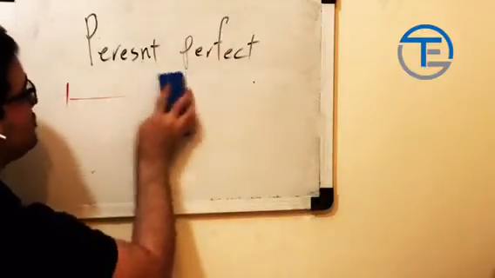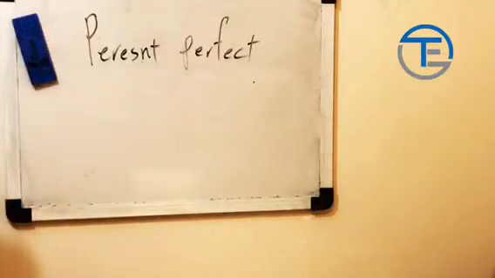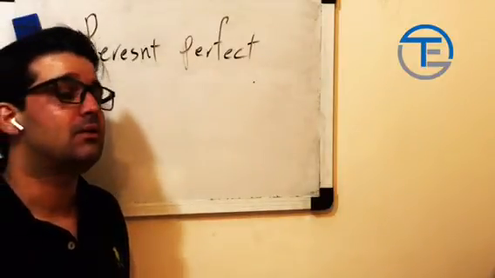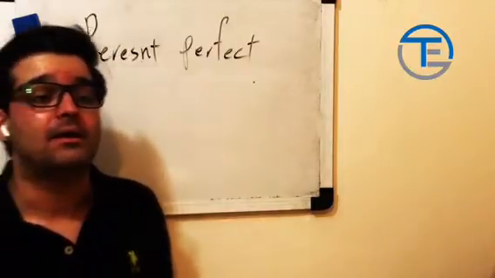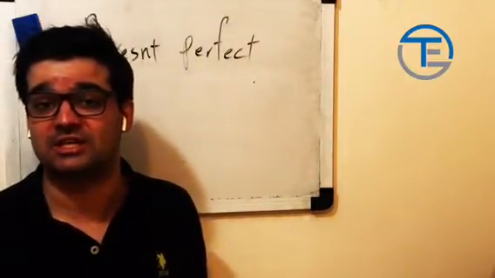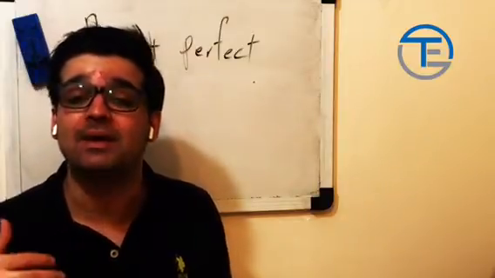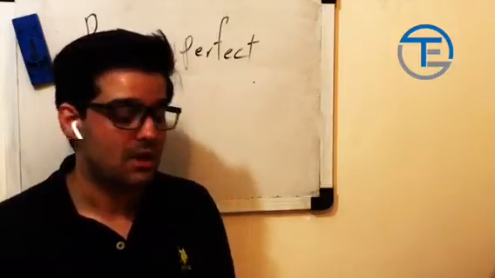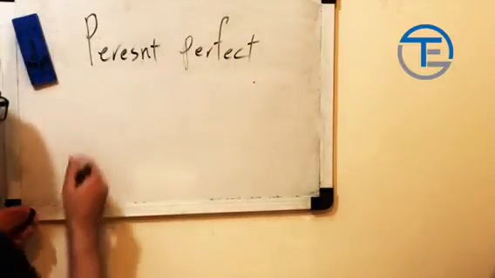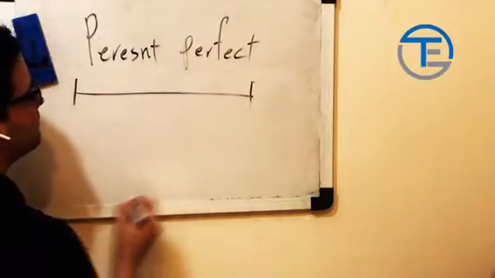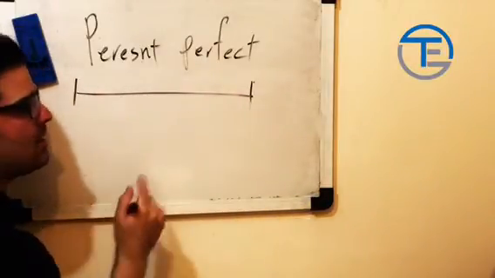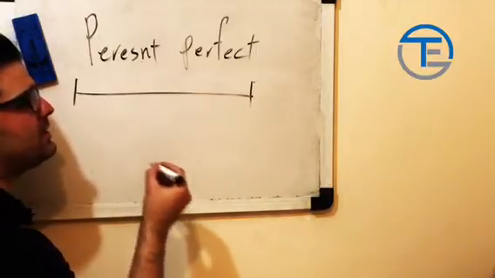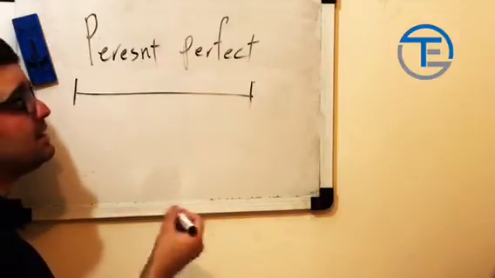Third reason that you can use present perfect: when you want to say a lot of actions happened in the past many times. For example, again here we have a time, past to now. But here something happened many times.